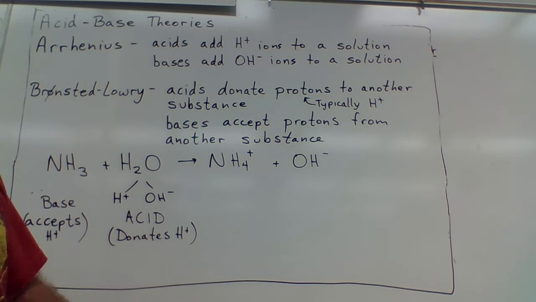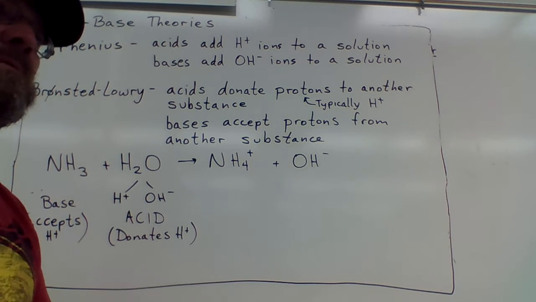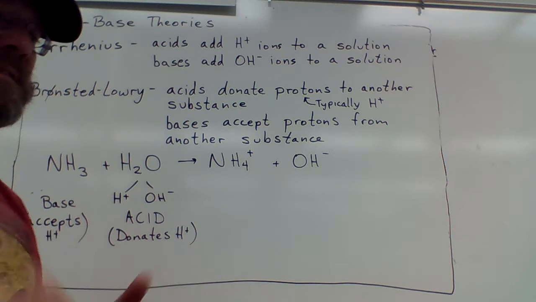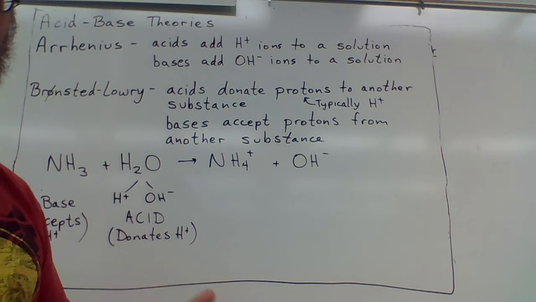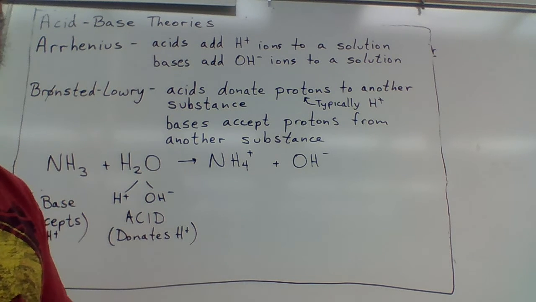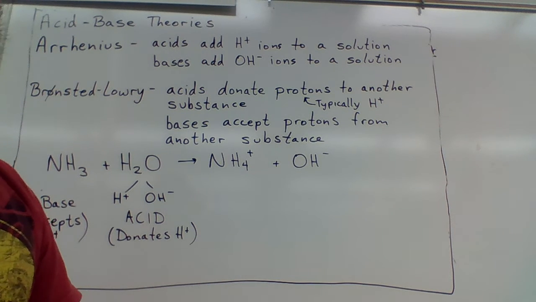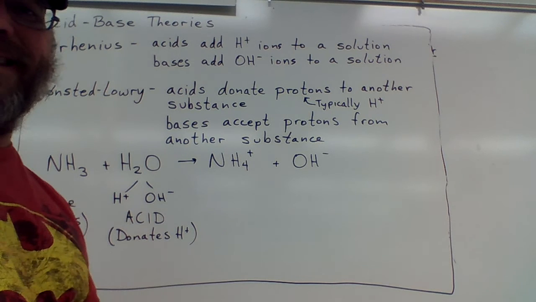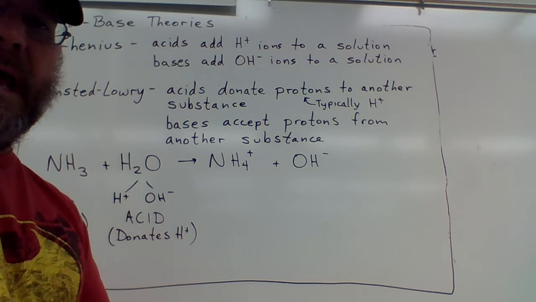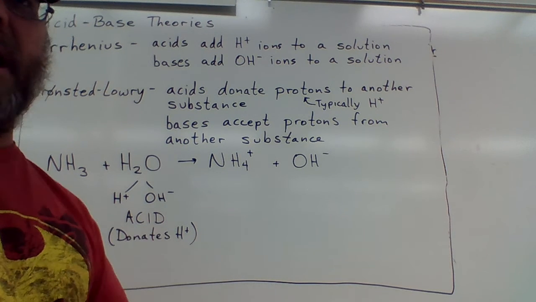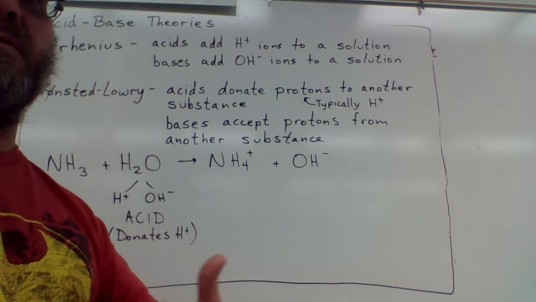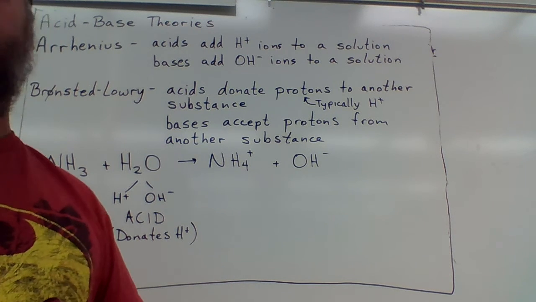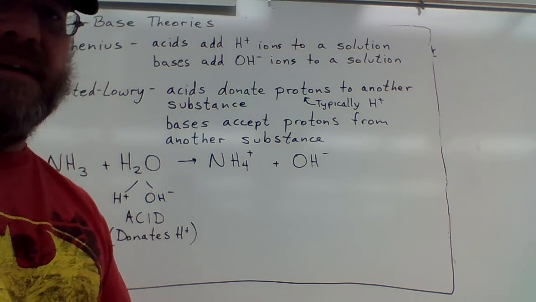Now, the Lewis definition gets even broader. Lewis comes from our Lewis dot structures, if you remember that back in the first semester. Basically, Lewis just says acids are electron pair acceptors, and bases are electron pair donors. I'm not going to get into it because it's not in your book.